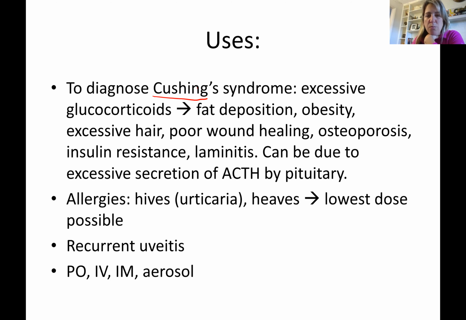You're going to have poor wound healing. This horse may be insulin resistant, but it's not necessary. Okay, it can be. Laminitis can happen. The administration of cortisol or steroid anti-inflammatory drugs can actually lead to laminitis too. And a horse that has Cushing's can have recurrent laminitis all the time, and that's a problem.